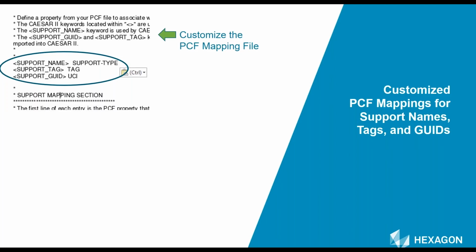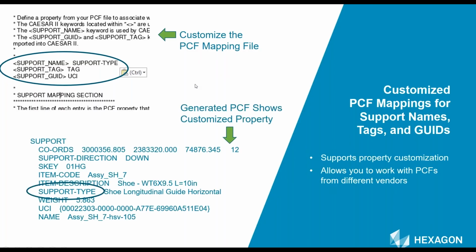And I've mentioned PCF. If you don't use PCF, this may seem very foreign to you, but for those that do use it to bring in information from other systems, we've added a customization to the mapping file. So you'll see in the diagram that I've shown the support name, support tag, and support GUID. PCF has a certain format of attributes, and we needed to be able to customize these so that if you work with a vendor that uses a slightly different naming scheme, you can handle that. The generated PCF I've shown at the bottom.